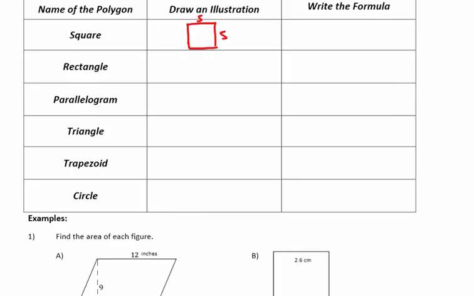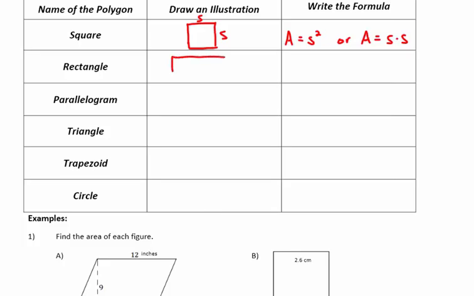Our formula for that is A equals S squared, or we could write S times S. Either way, we're taking that one side and multiplying it by itself. Some people still use the formula length times width, which technically it's not wrong, but a square is a special rectangle, so we give it a special formula.